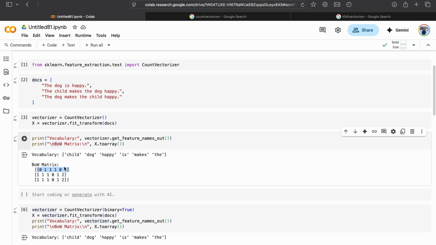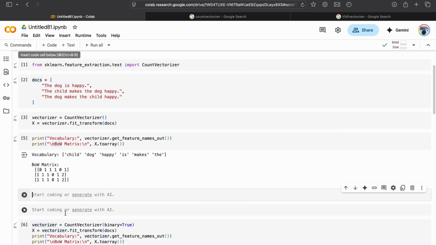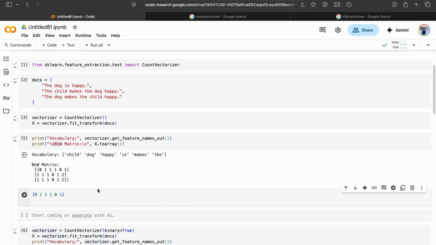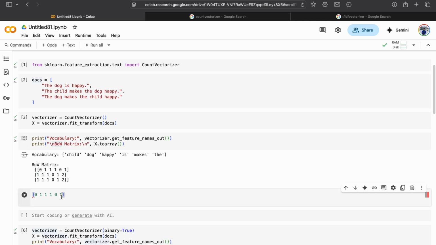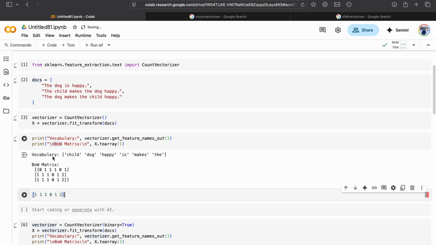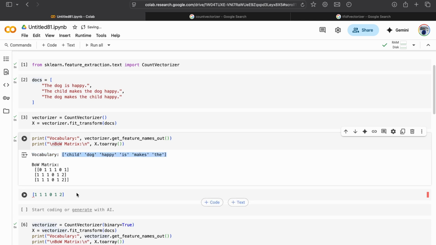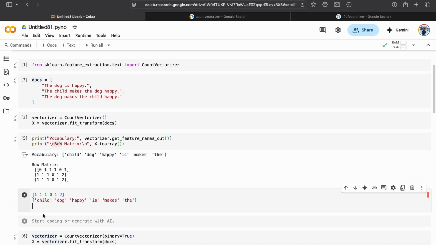Suppose you are only given this. It will be very difficult, or slightly difficult based on the sentence, to get back to the sentence from this representation. That means while converting the sentence into the vector representation, we're losing some information.